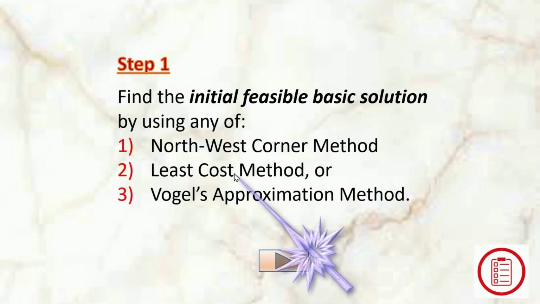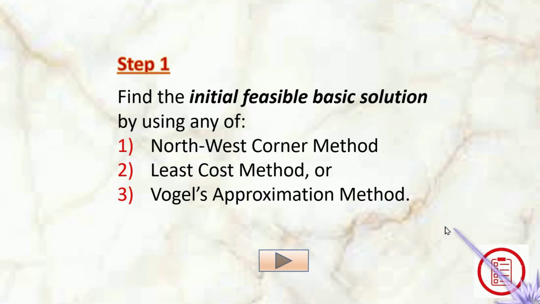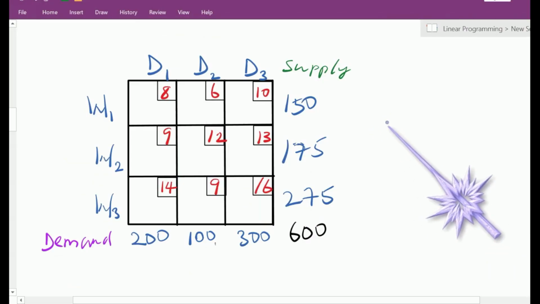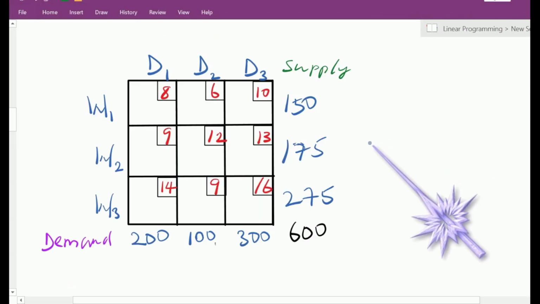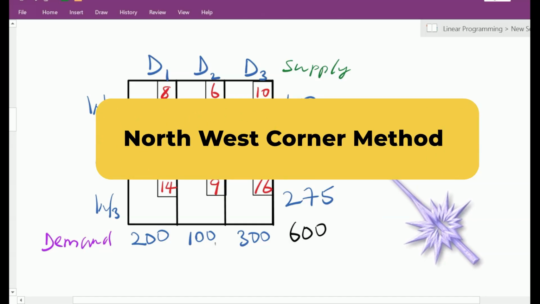You calculate and get the solution for the first step, and that's what we call the initial feasible basic solution. Here we're going to treat the first point, finding an initial feasible basic solution, and we're going to use the northwest corner method.